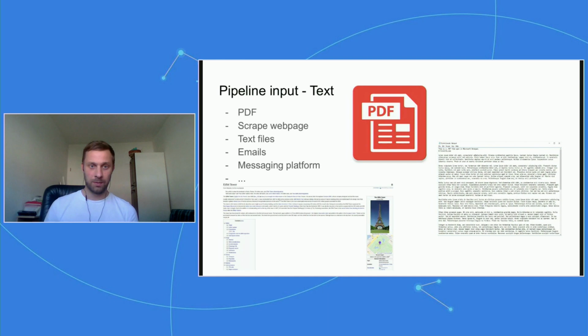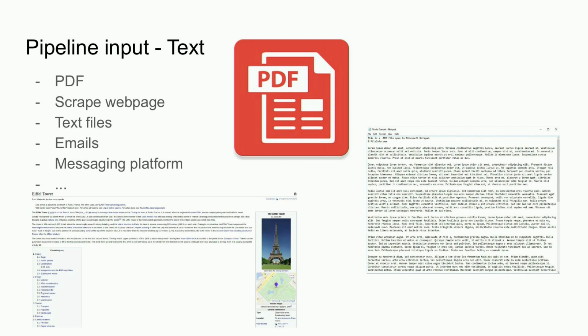As mentioned, the information extraction pipeline. The input to the pipeline is text. That could be in various forms: you could have text stored in PDFs, or you can scrape web pages, for example news sites.